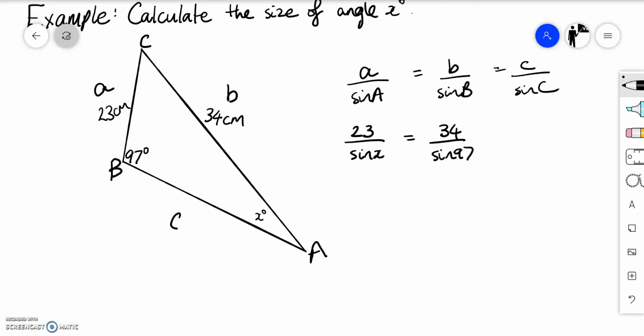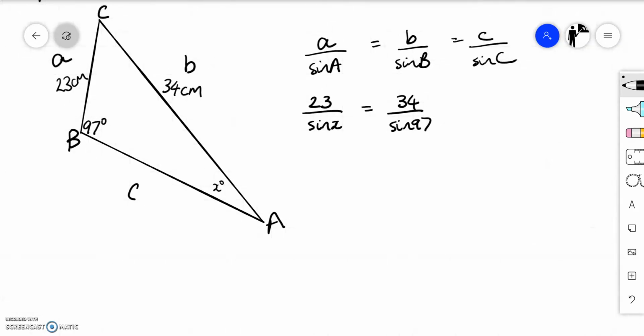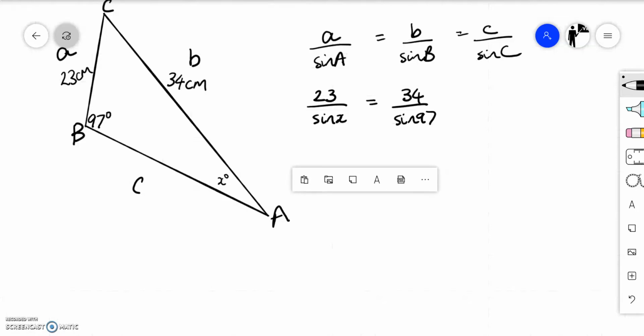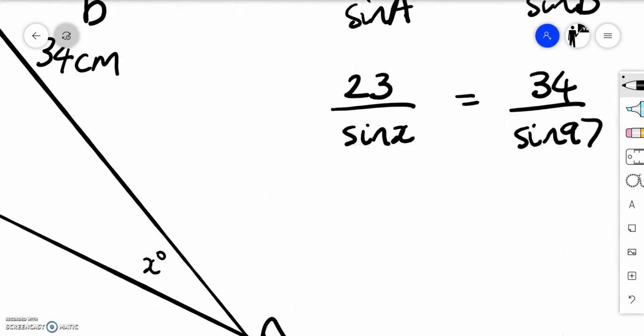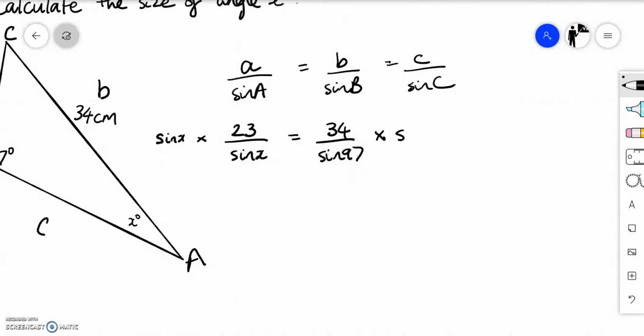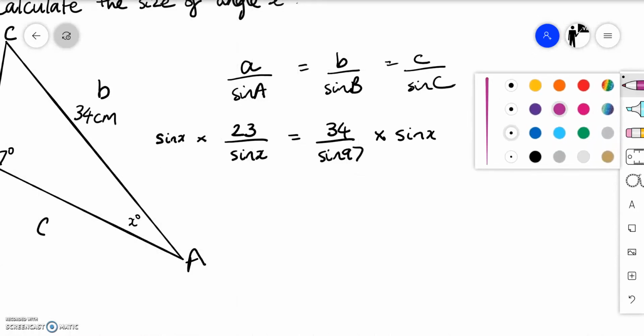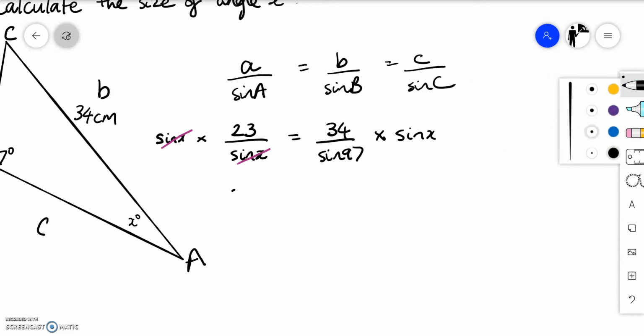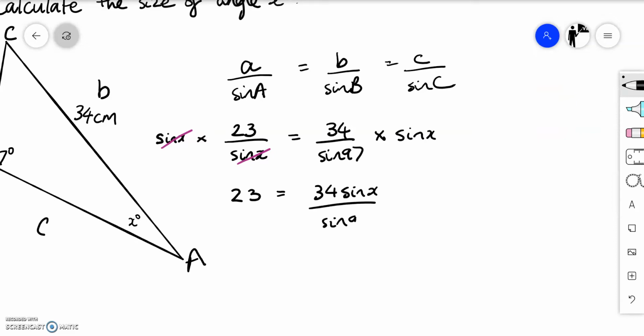And this is just working through how to work out this angle. I multiply both sides by sine x, because these would simplify, and we're going to be left with 23 equals 34 sine x over sine 97.